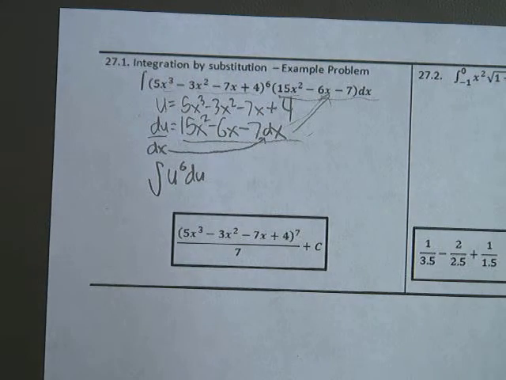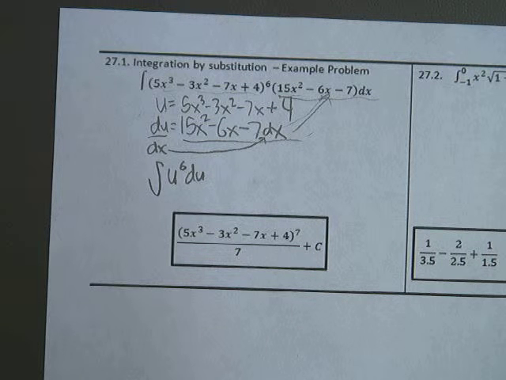Okay, one tripping point for a lot of people is the fact that du has both x's and dx in it. This is okay. Remember to think about du as what the chain rule part is. So the part that we took the chain rule on, like that derivative section, that is what du should be.